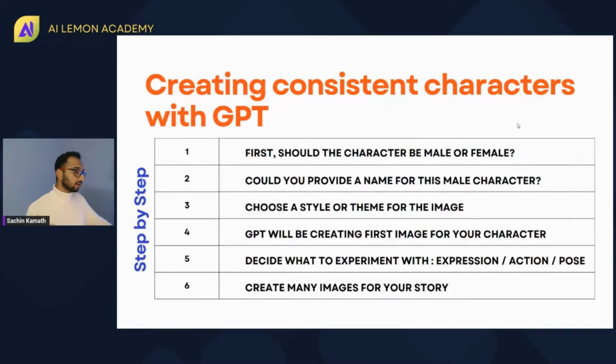Then you will be able to see the first image of your character based on your description, right? There is no prompt needed. You just have to follow the instructions that are being asked. And based on your description, it's going to create a first image for you. And then you can decide what you want to experiment with. Is it expression, action, or pose? And from there, you can create many different variations, right? And even full body poses.